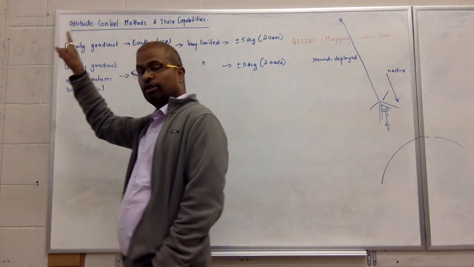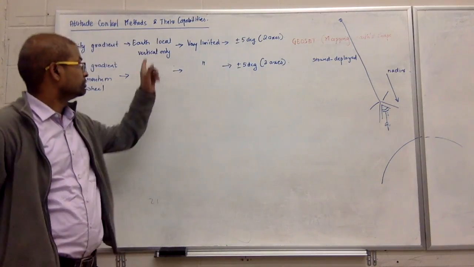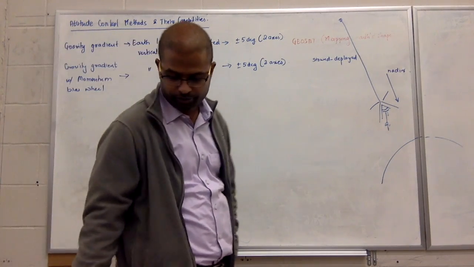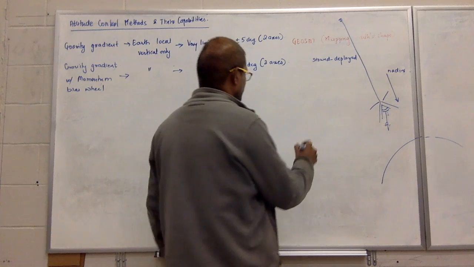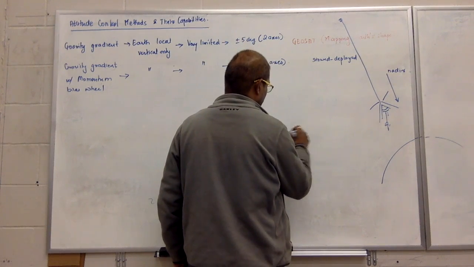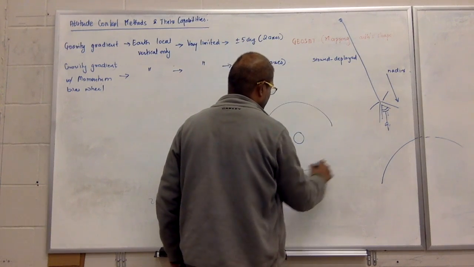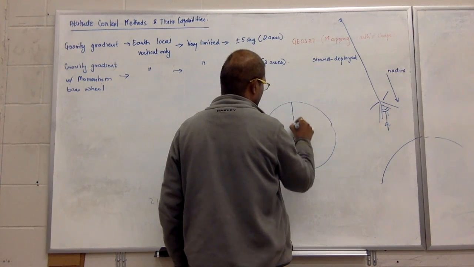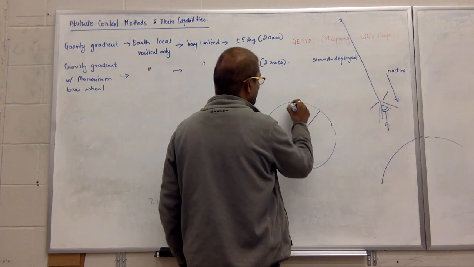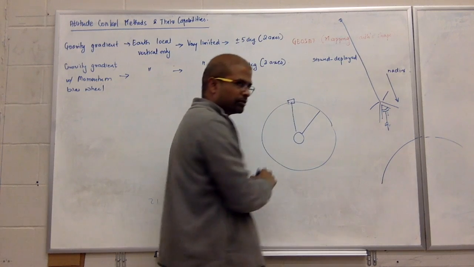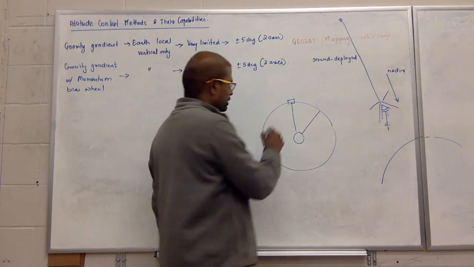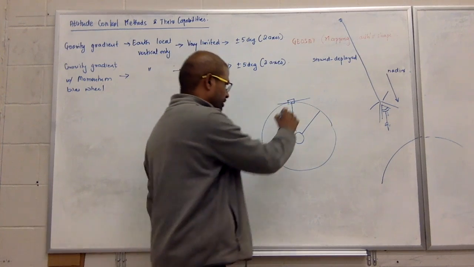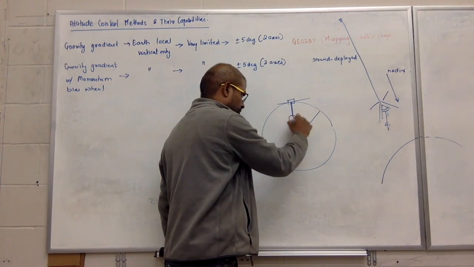So here, where does this point? Earth vertical, local vertical. If this is Earth, and this is your orbit, what is this? This is the local vertical. Local vertical means wherever the satellite is. This is the local horizontal, and this is the local vertical.